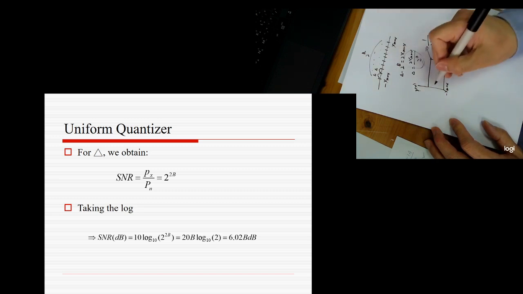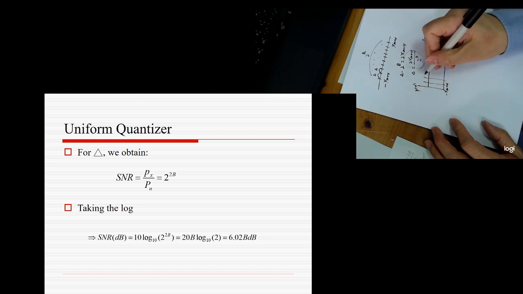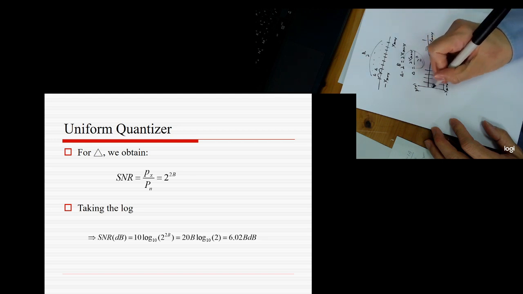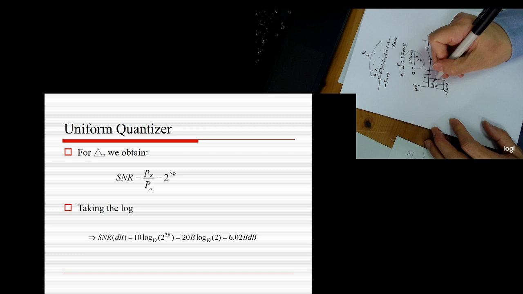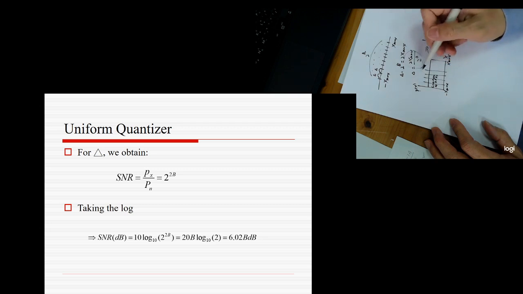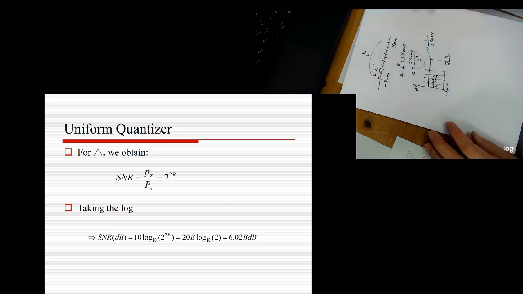Also your quantization step sizes are the same: delta 1, delta 2 and delta 3 are all equal. So we call it a uniform quantizer, and the signal has a uniform distribution, with a uniform probability density function.